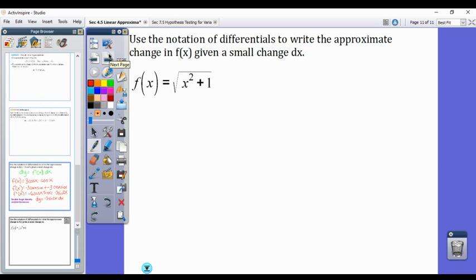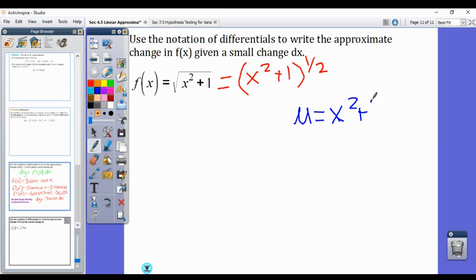All right, so we're going to do this one, and hopefully you are noticing we're going to need to do the chain rule. I could rewrite this as x squared plus 1 to the 1/2, right? So what that would tell me is my u would be x squared plus 1.